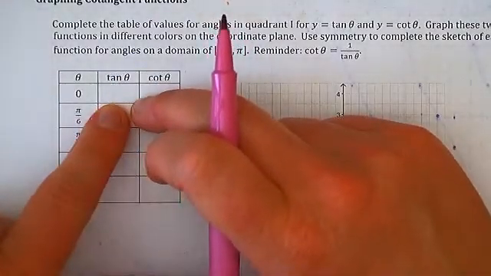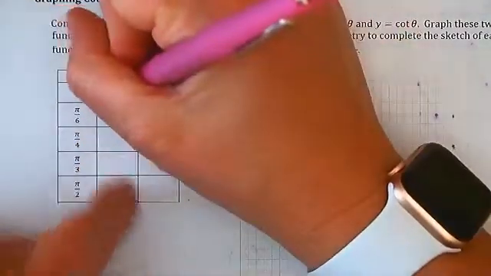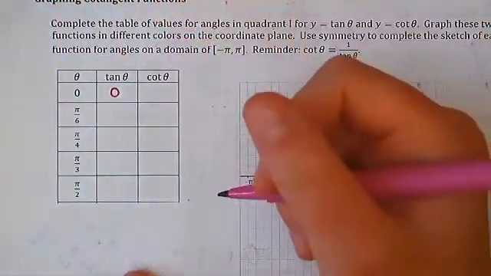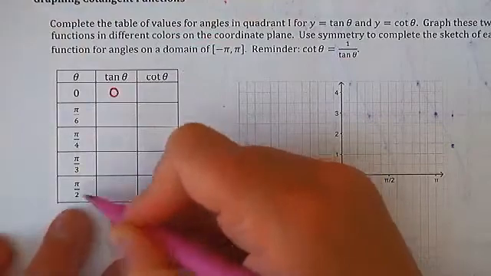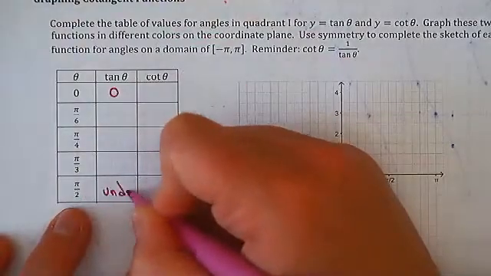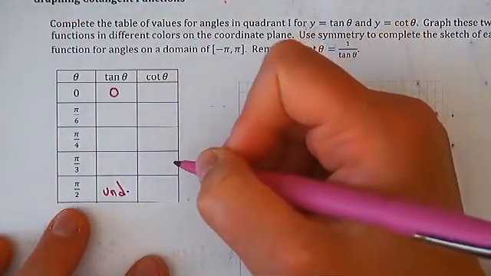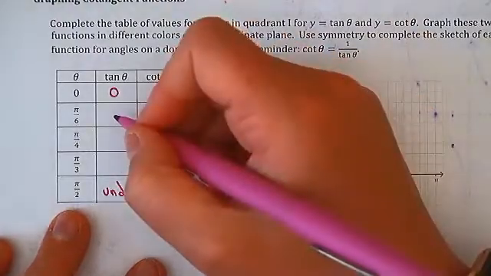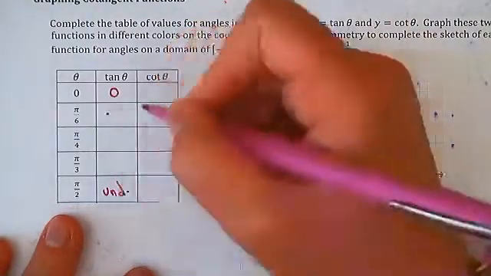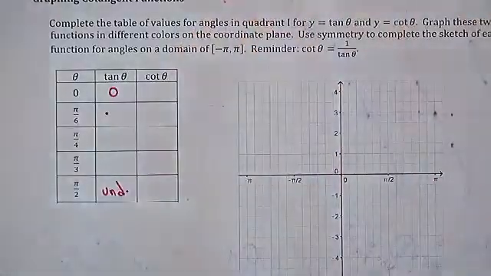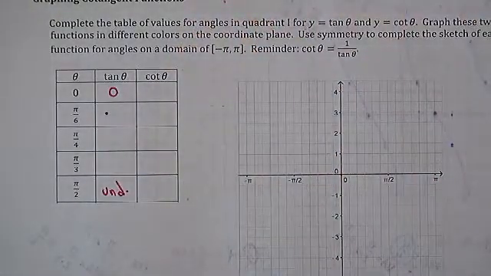So tan of 0 is just 0. And tan of pi over 2 is undefined. Tan of pi over 6 was, well, I don't want to leave it as a decimal, so let's make it a fraction.